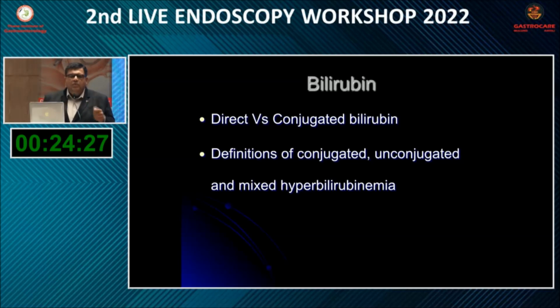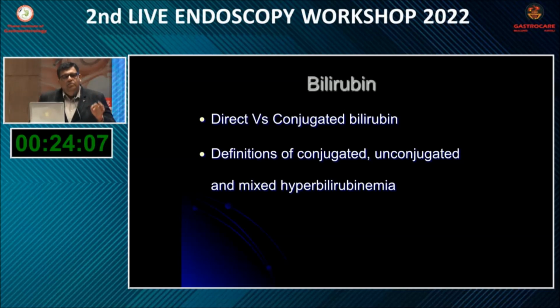So that has become obsolete. With the onset of dry biochemistry, which is what we should be doing today, we look at conjugated and unconjugated bilirubin.